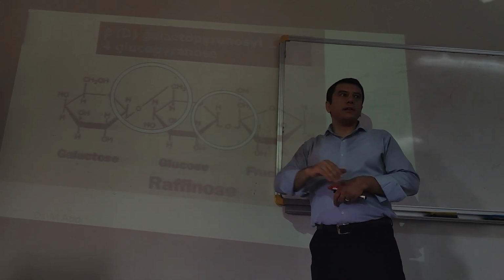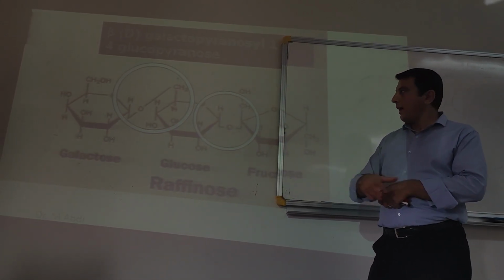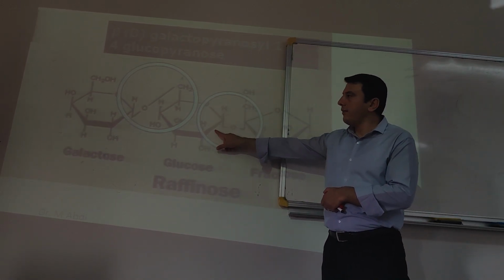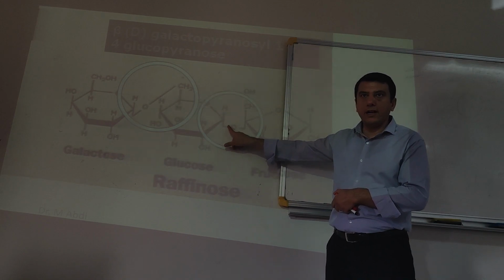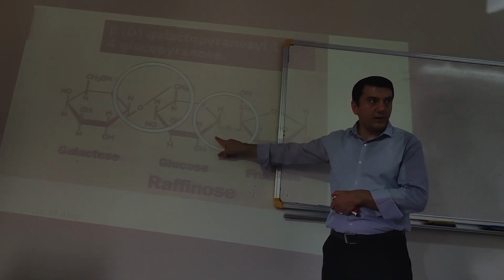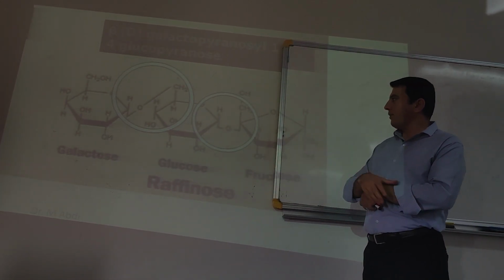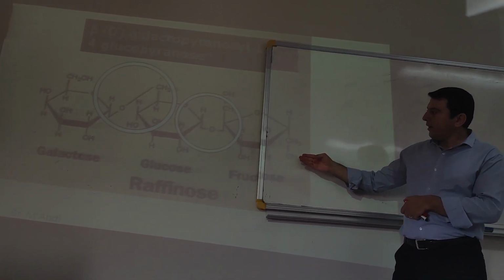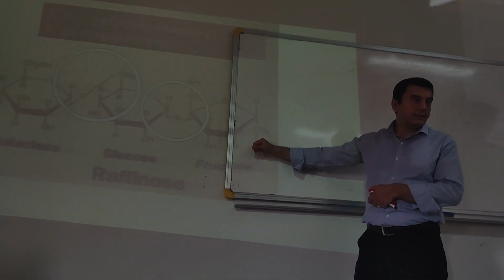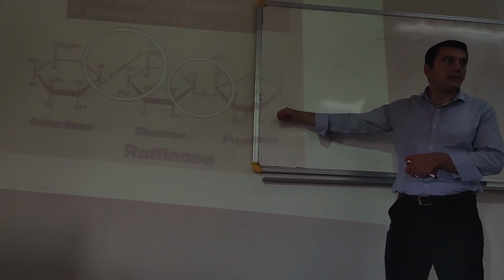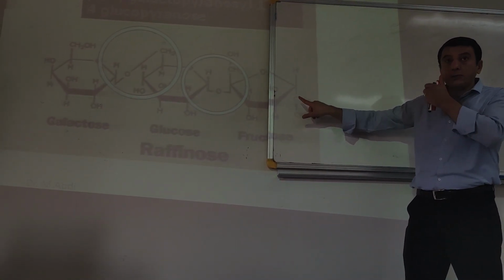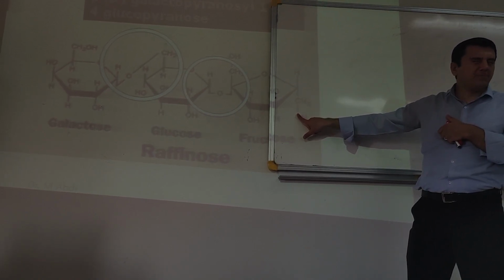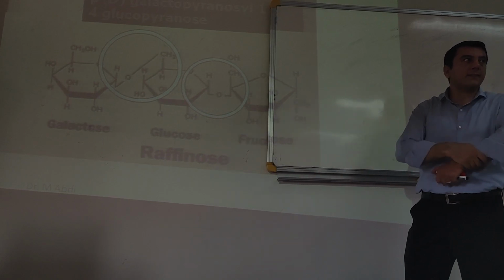The second one, is it a reducing sugar or not? Why? Again, we don't have a free anomeric carbon. And the last one, why? Does this OH work as a reducing substance or not?